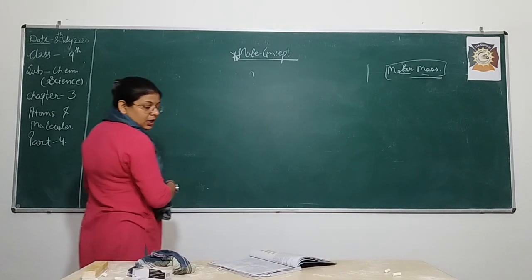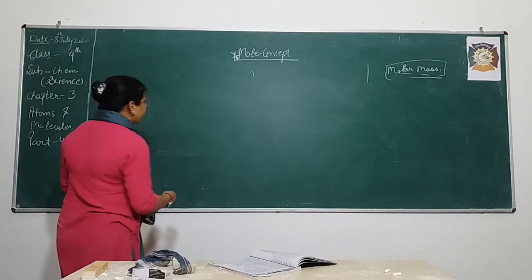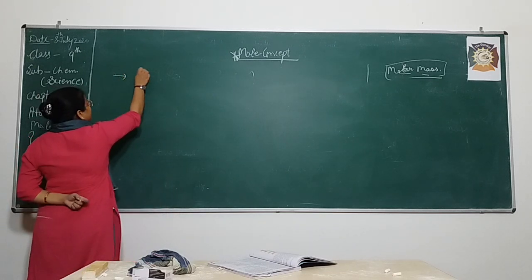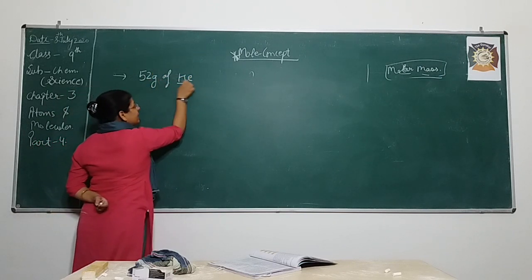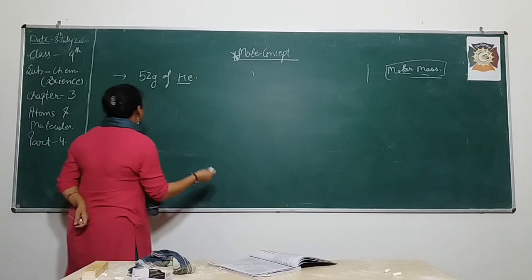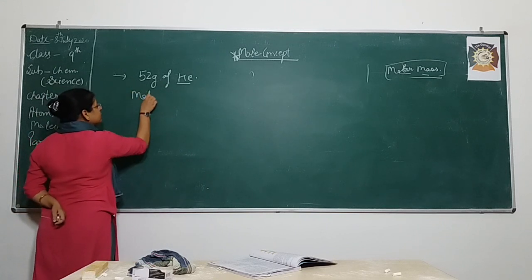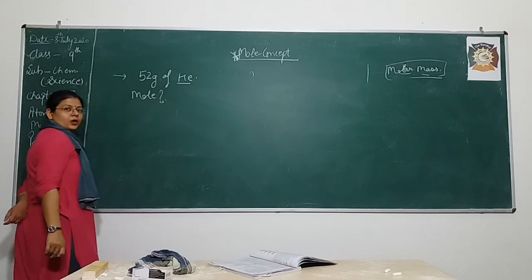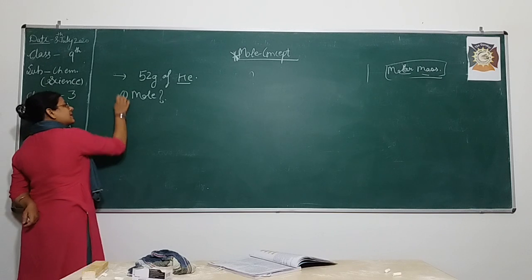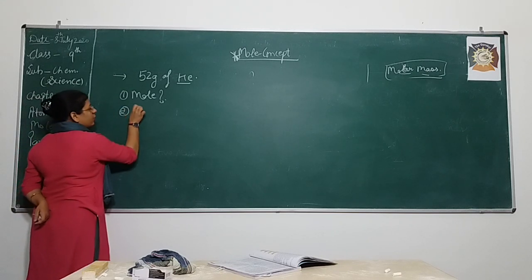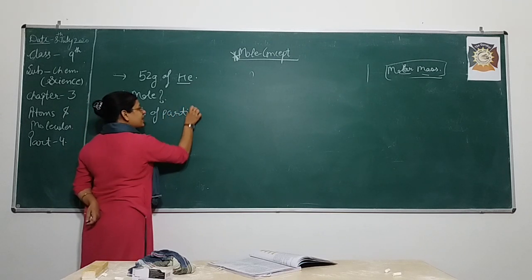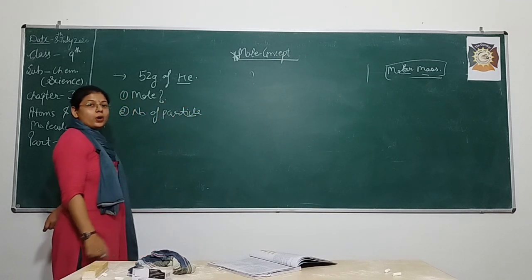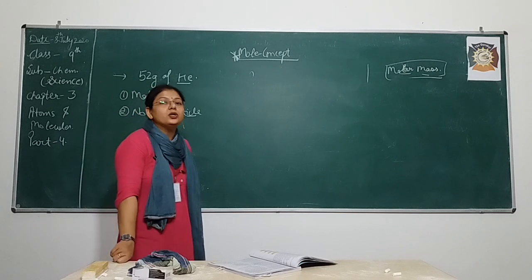So the first is: calculate the number of moles for 52 grams of helium. Stepwise you have to see what you want to ask. You want to ask about the number of moles. But in the same case I am going to discuss with you the number of particles, because the method is the same for each and every numerical. I am not going to explain each and every numerical to you.